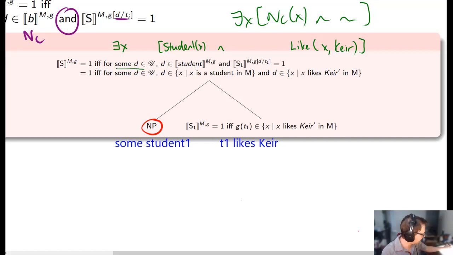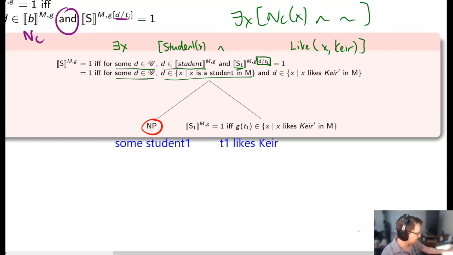So for some D in our universe, so this is like that exists x portion, D is a student. So we're saying that x is a student in that case. And our original sentence, T1 likes Kier, is true. So this is T1 likes Kier, but we're doing binding, replacing all of our T1s with D. So with that student.